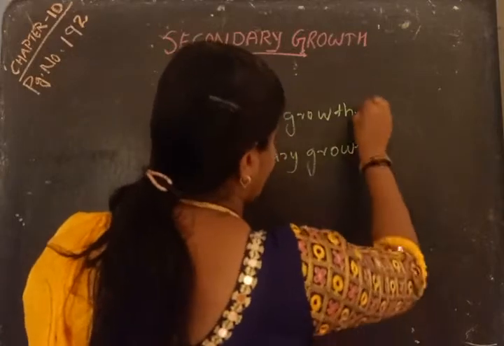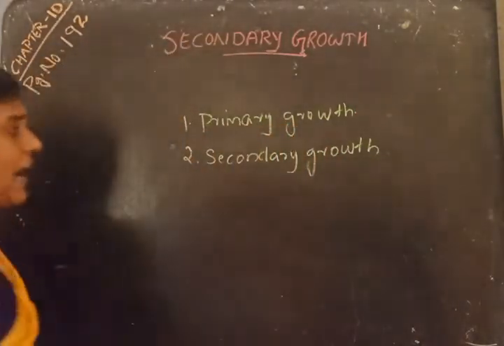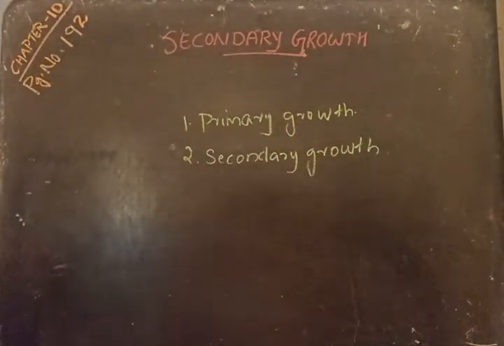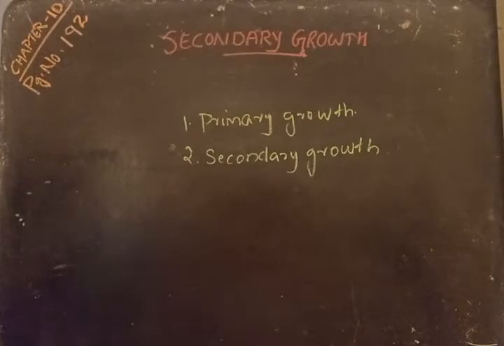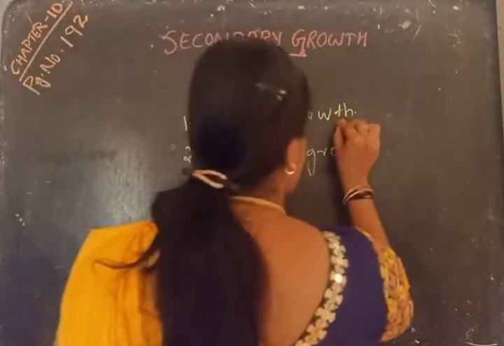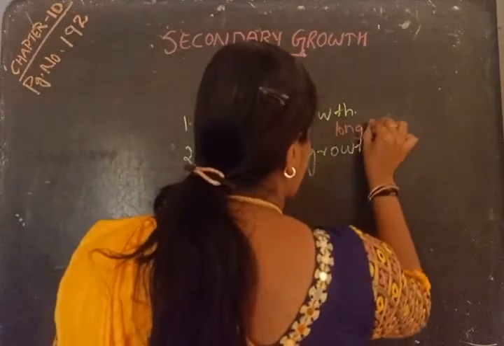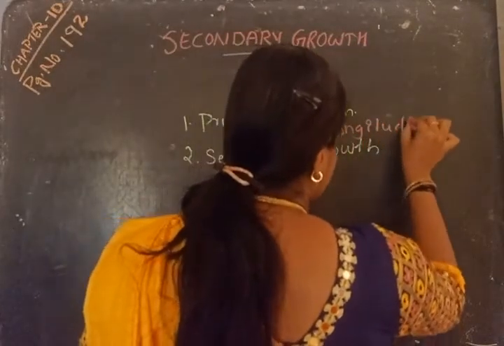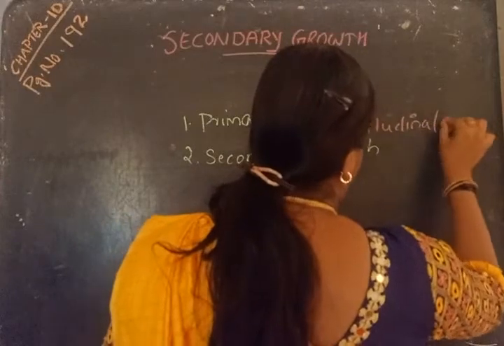Primary growth is by the activity of meristems, especially apical meristems, and it increases the length and width of the root and stems. So, this type of growth is called primary growth, also called longitudinal growth.